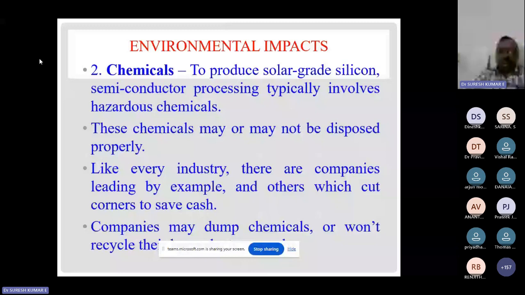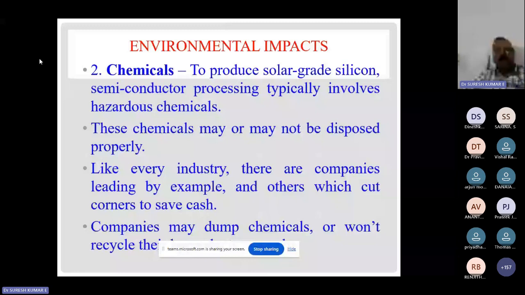But in European nations, as I told earlier, the APX standard, they are very strict. So like every industry, there are companies, not all companies, rare, some companies leading by example, and others which cut corners to save cash. To save cash, they will violate the protocols. Like carrying fish, they are not getting fresh fish.